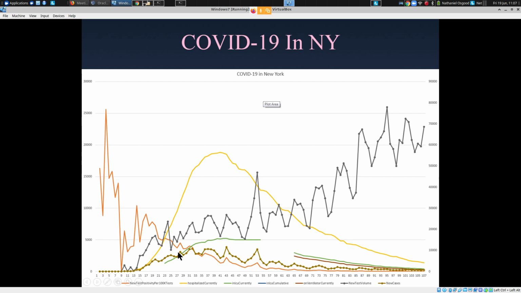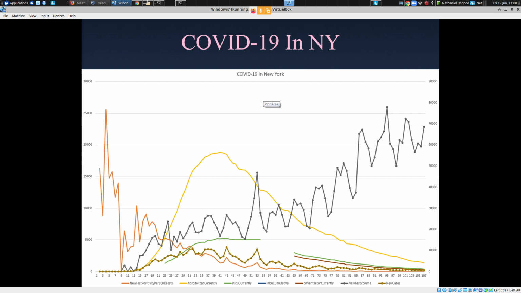We have a characterization of the number of tests performed per day. That's the black here, new tests per day. And we have a test positivity rate shown here in the sort of orange color. There's also some associated with ICU use and ventilation.